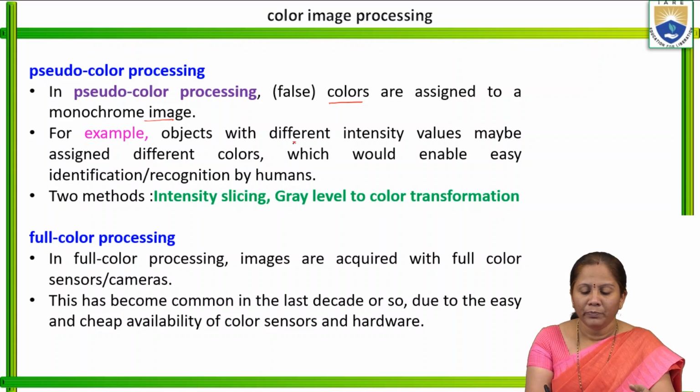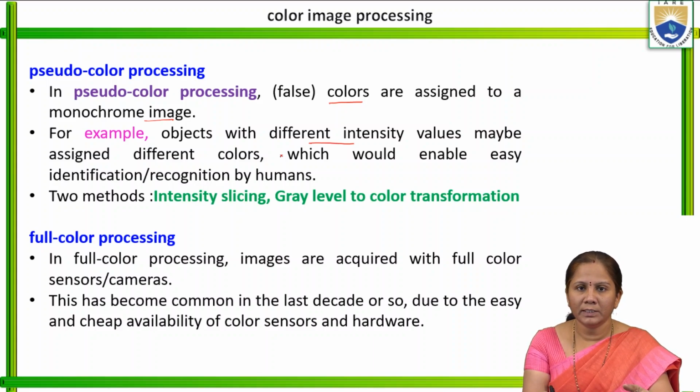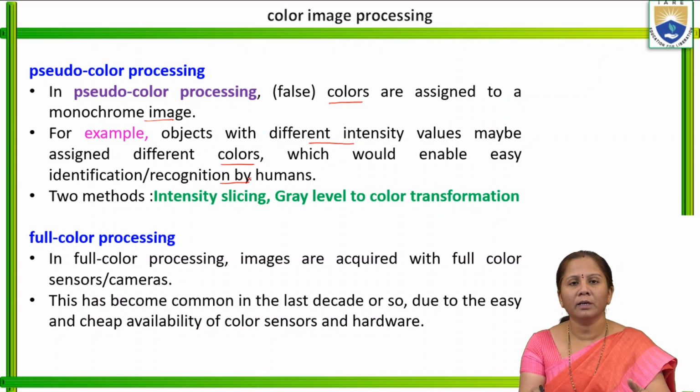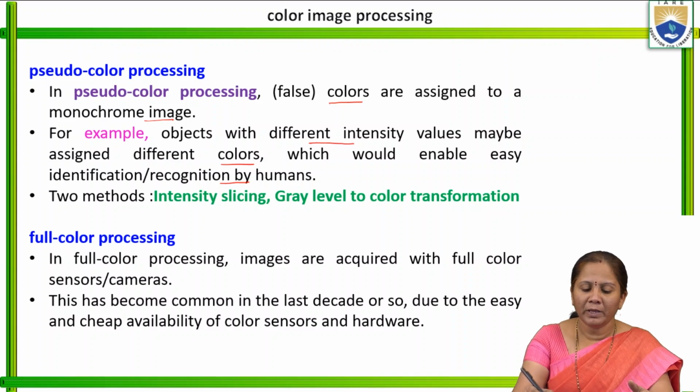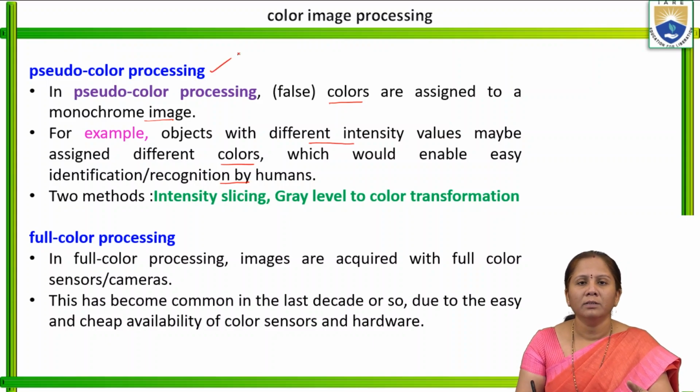For example, an object with different intensity values may be assigned different colors, which would enable easy identification and recognition by humans. That means in pseudo color, generally there will be monochrome images, and by using pseudo color processing, false colors will be allotted to that image. What is the purpose of allotting false color to that monochrome image?